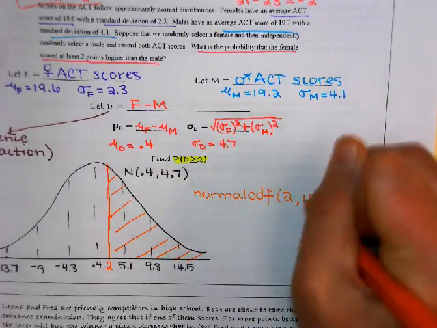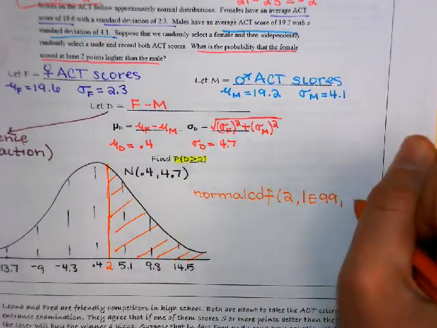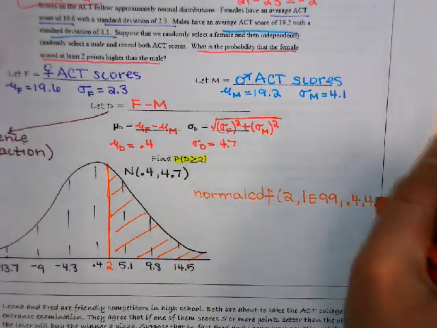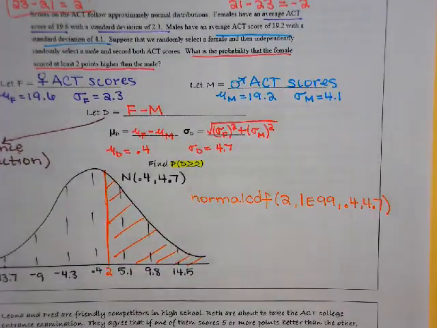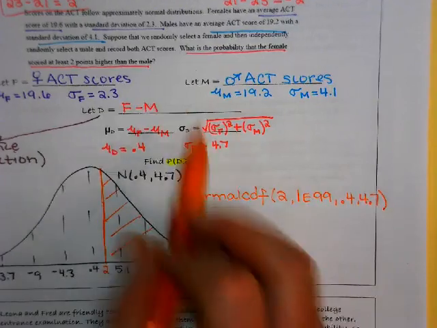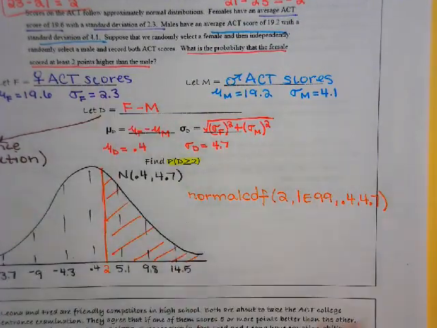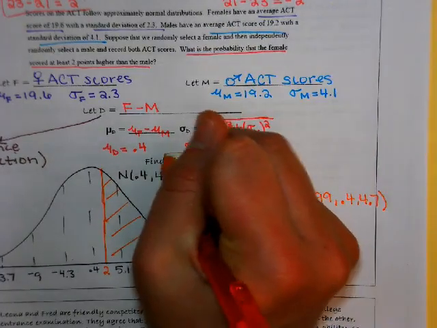I'm sorry, I didn't hear you. Why is it two? Because we want to find the probability females scored at least 2 points higher. So in math terms, the difference, so the subtraction between the two, is greater than or equal to 2. Did that clarify?